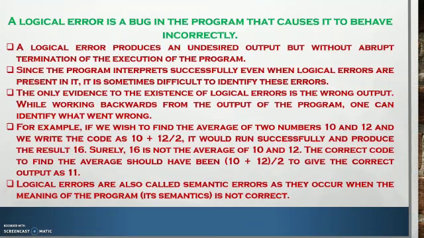A logical error is a bug in the program that causes it to behave incorrectly. Now we know that in debugging, the errors and mistakes that we face are called bugs. So a logical error is a bug in the program that causes it to behave incorrectly. Let us understand the meaning of behave incorrectly.